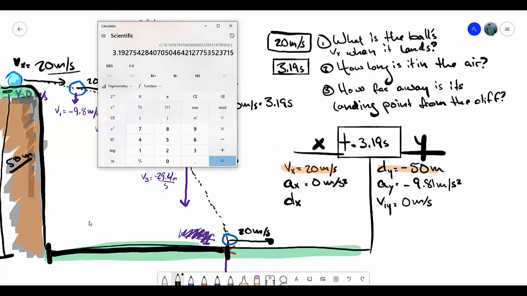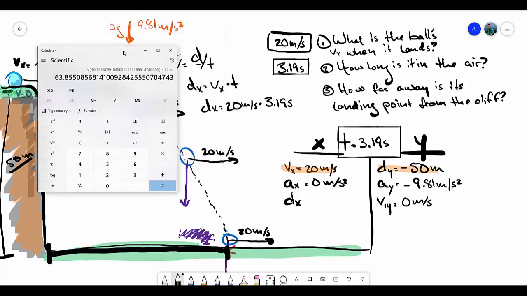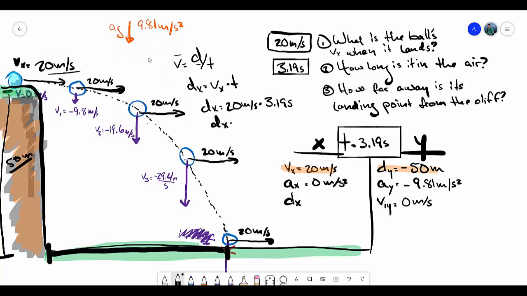So 3.19275 seconds times 20 meters per second is 63.85. The distance along the x is equal to 63.85. Let's round it to 86. And technically, if we're using significant figures here, I really should be rounding it to just one digit, but that's okay. 63.86 meters.